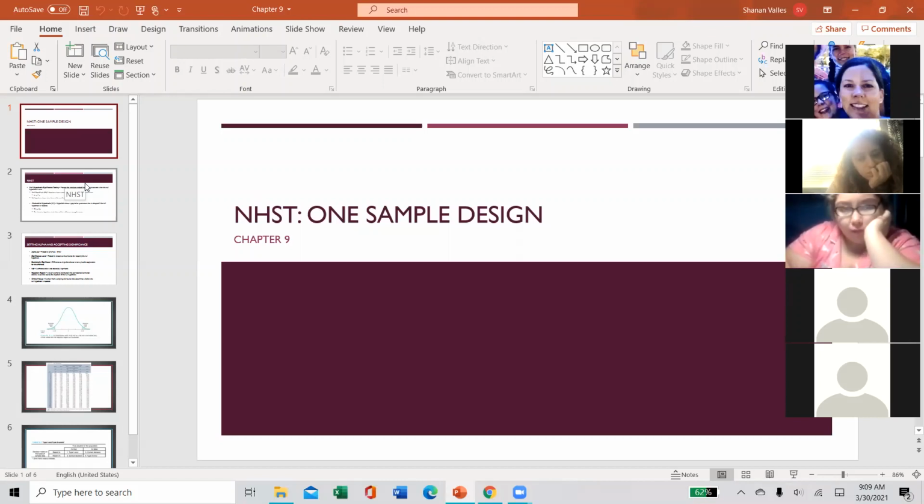So to continue on from last week, where we started talking about the t-distribution, just in case for anybody here that didn't get to see that last week, the t-distribution is similar in a way to the normal distribution or the normal table, in that it becomes a normal distribution when you have a really big sample.